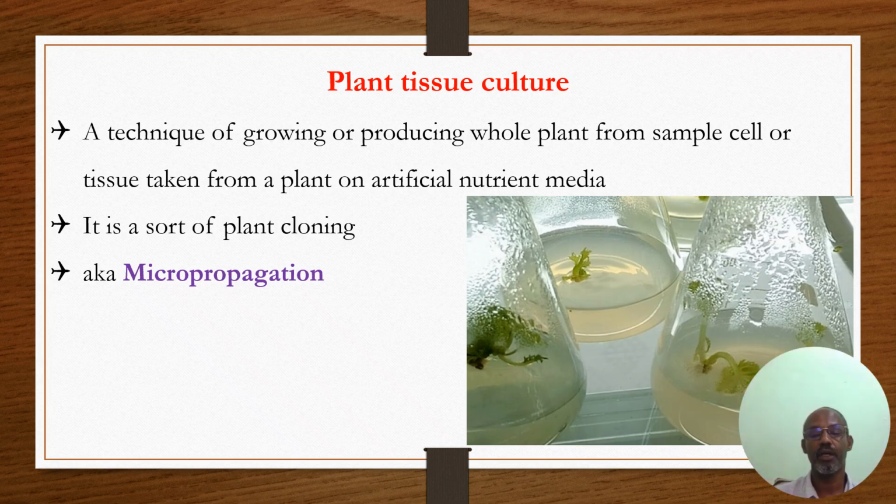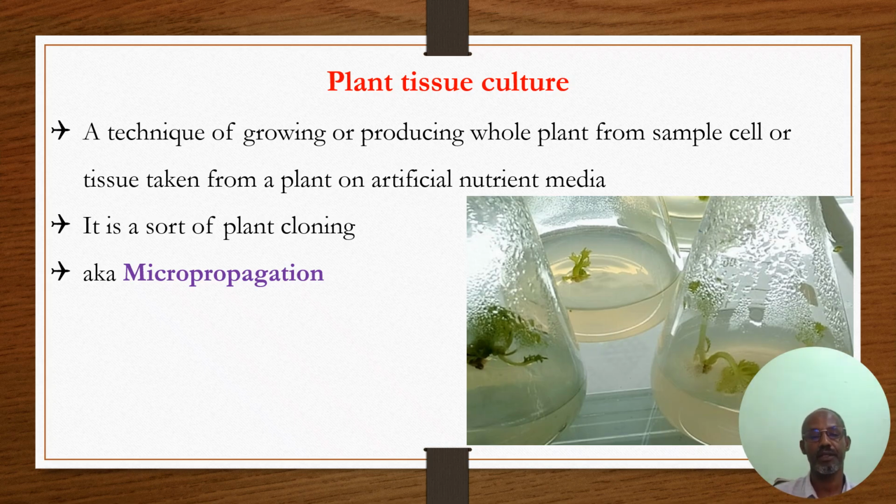As you observe in this picture, you provide the sample cells either liquid media or solid media, even semi-solid media, which provides the appropriate nutrients for cell division, and then cells differentiate and give rise to the whole plant.